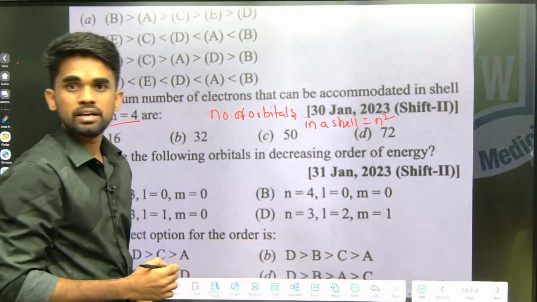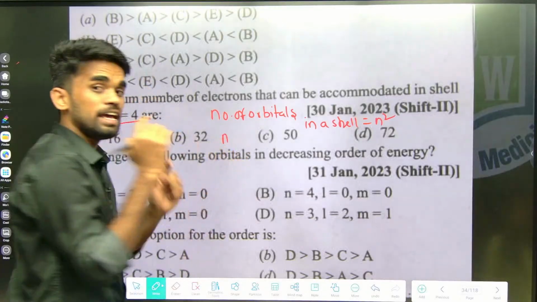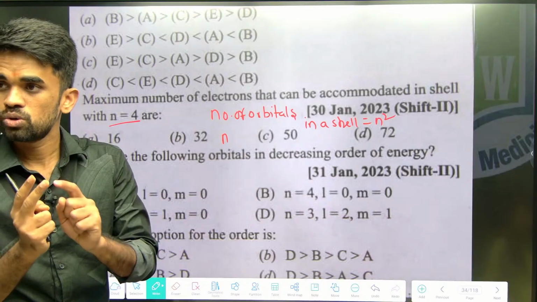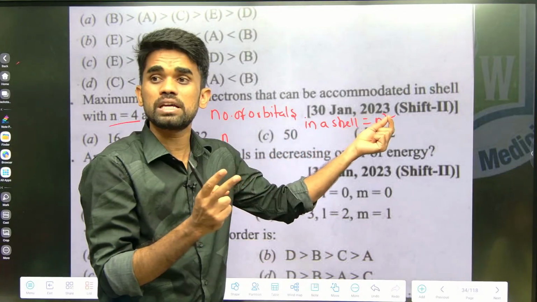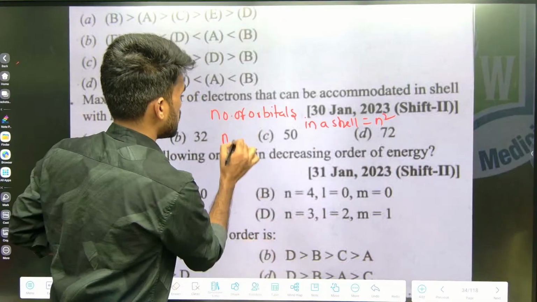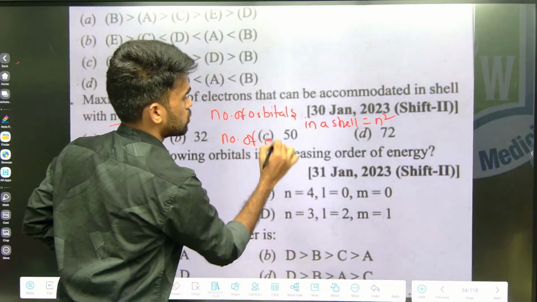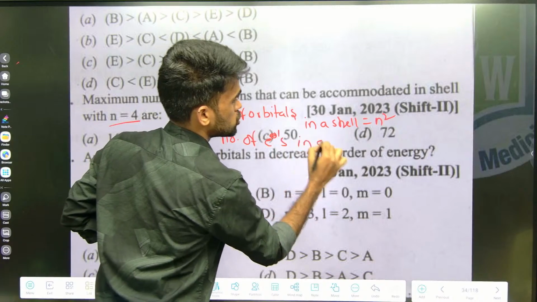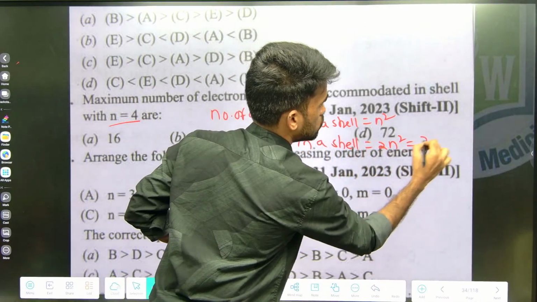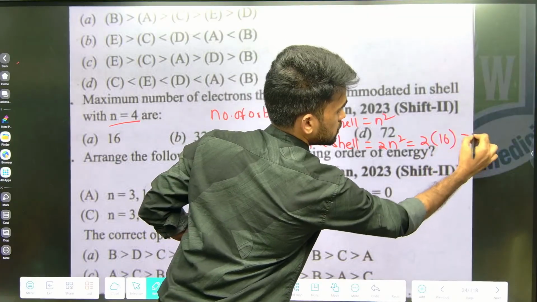In each orbital, how many electrons can we fill? 2. So it means 2 into n square gives the number of electrons in a shell. How much? 2n square. 2, 16, 32.